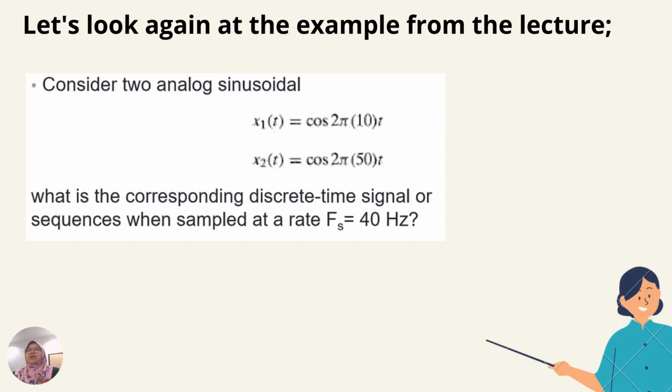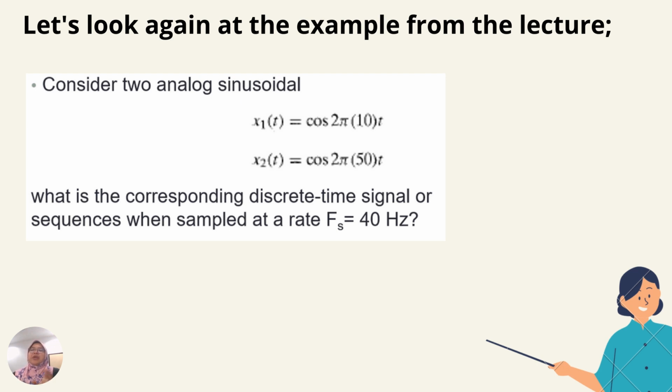Now, let's look at an example from the lecture. We have two analog signals, x1(t) equals cos 2 pi 10t and x2(t) equals cos 2 pi 50t. What is the corresponding discrete time signal or sequence when sampled at Fs equals 40 hertz?